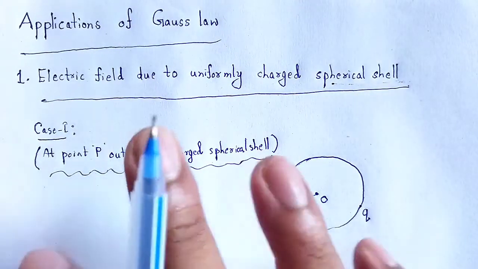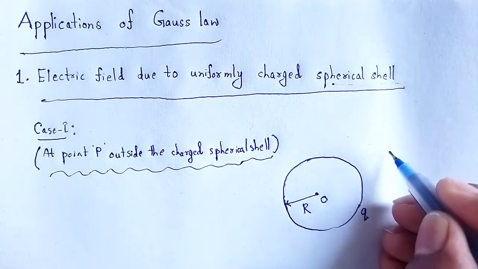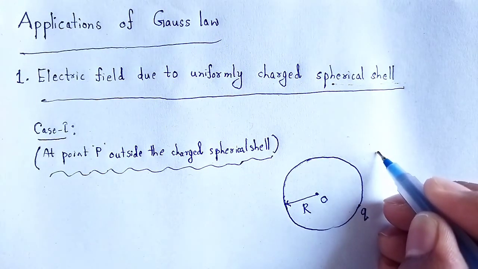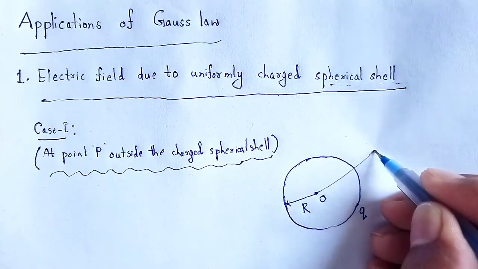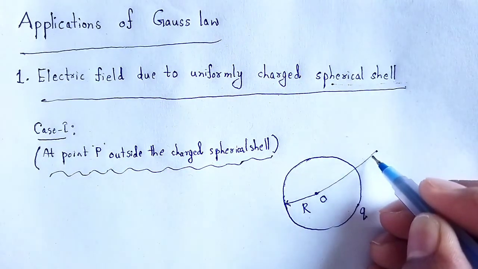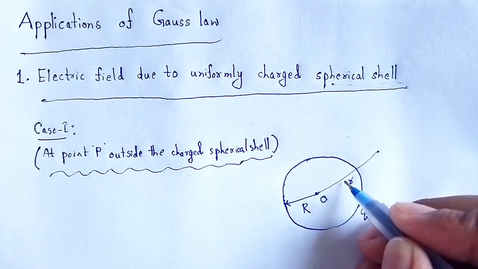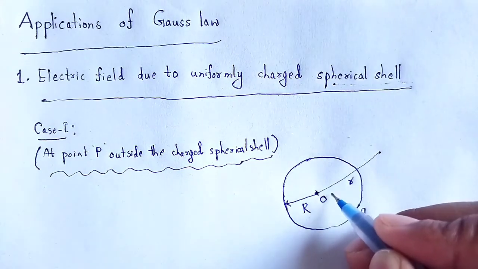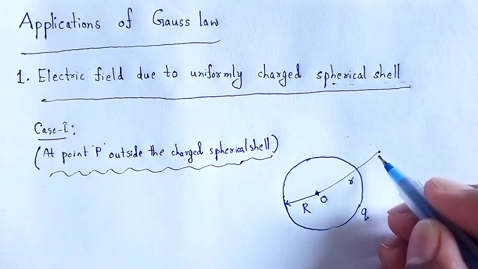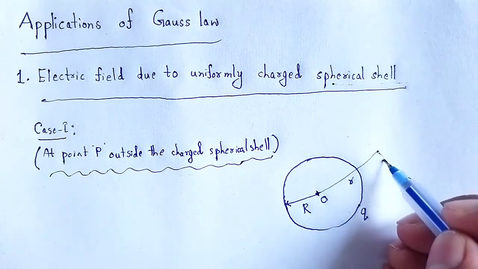let me take the point P lying at a distance r from the center O, and we draw a sphere of radius r.